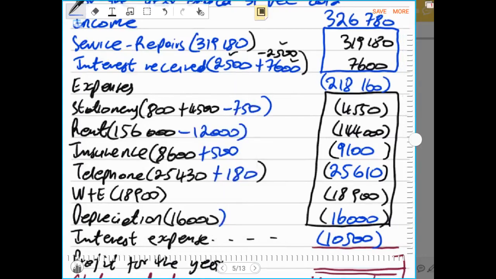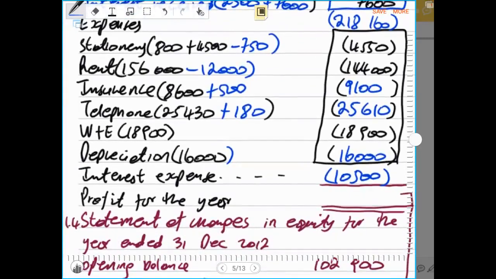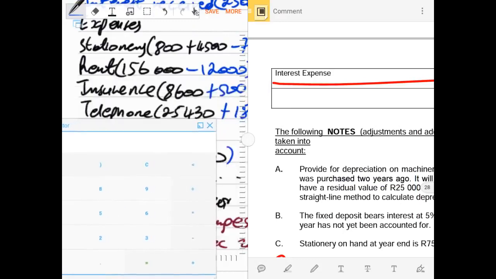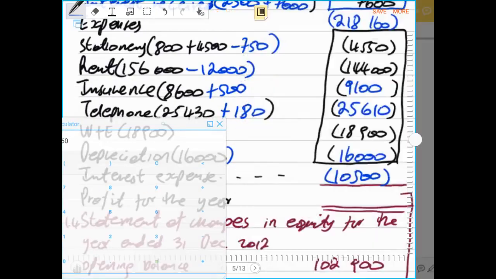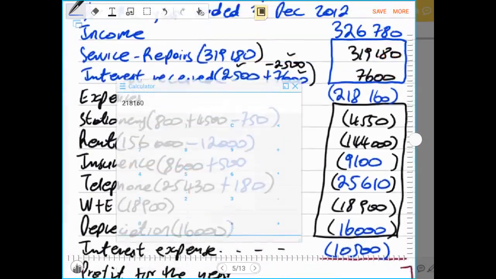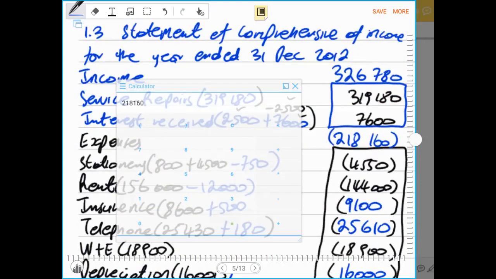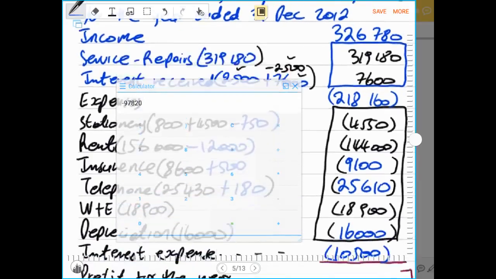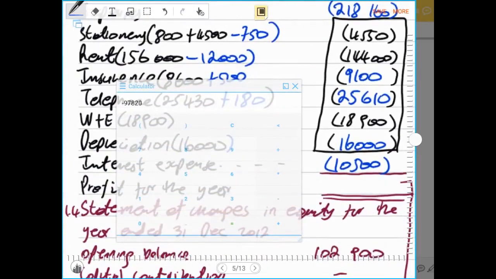Now all the amounts have been confirmed. Then we calculate our profit for the year, which is incomes less expenses. So now when we do that, we say 326,780 less 218,160, less finance cost, which is 10,500.